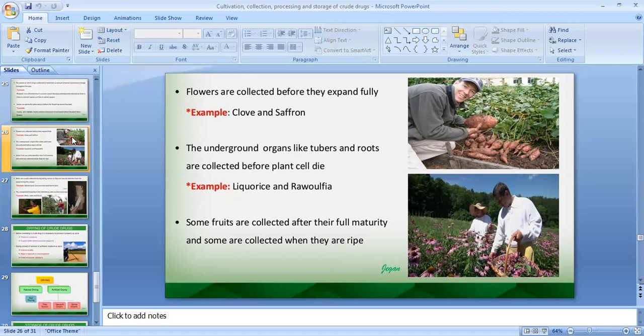Some fruits are collected after their full maturity, and some are collected when they are ripe. For example, the opium poppy is collected when it is raw, and tomato is collected when it is ripe.